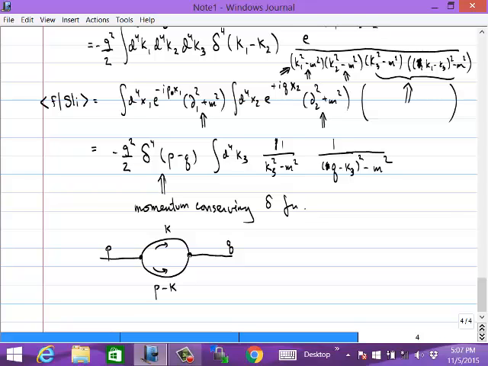And then they recombine and form some final particle. And because momentum is conserved at that second interaction vertex as well, in fact, this final momentum has to be equal to p as well.